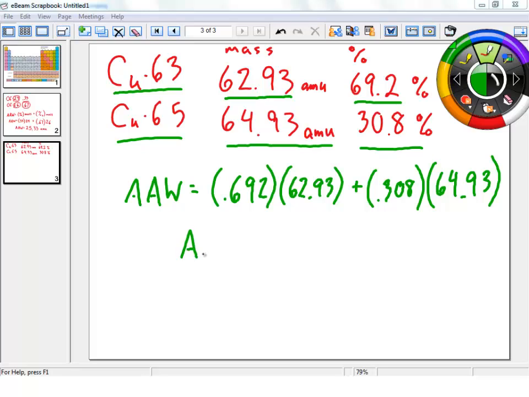We plug this into a calculator, and we get the number 63.54 atomic mass units.